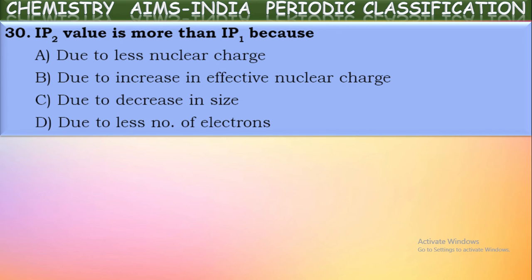So due to less number of electrons, this is also correct. As the number of electrons decreases, the nuclear force of attraction on the remaining electrons will be much greater. So because of these three factors, IP2 will always be greater than IP1 for any element.